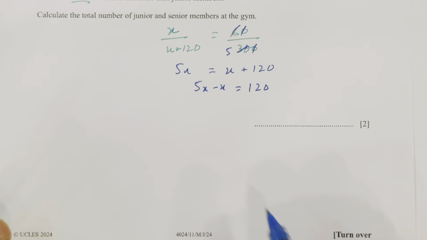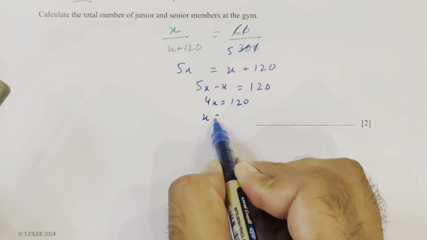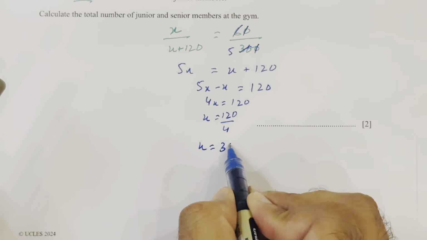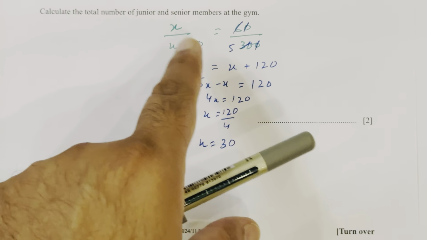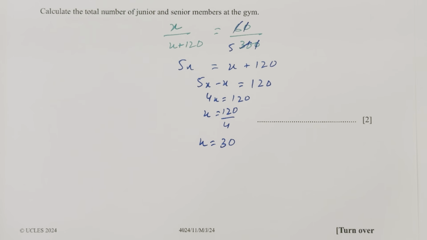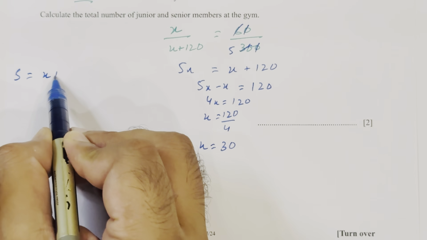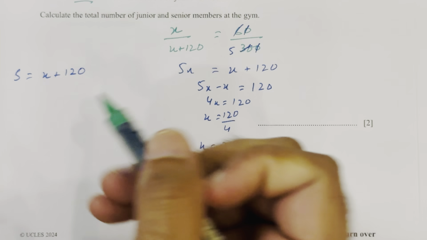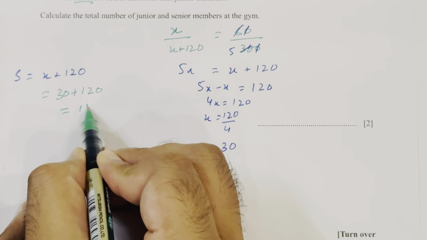Now you can see it would be 4x is equal to 120, then x is equal to 120 by 4, then x is equal to 30. So this is the junior members. We need to calculate the total number of junior and senior member, and if we know that senior members are x plus 120, and we have already calculated the value of x, that is 30 plus 120, this is equal to 150.